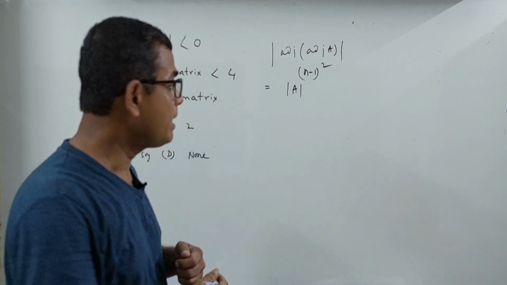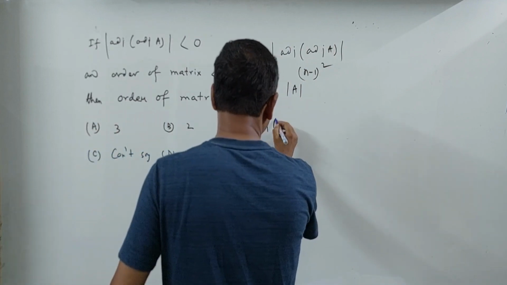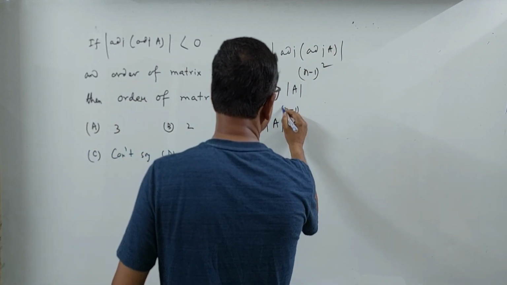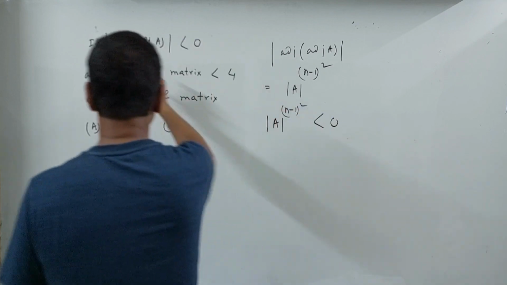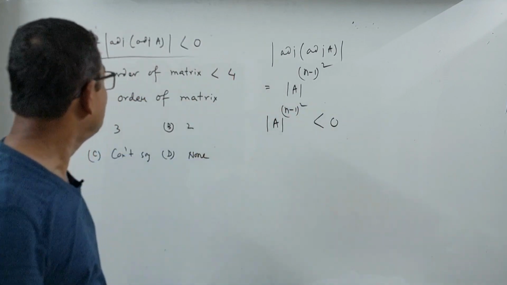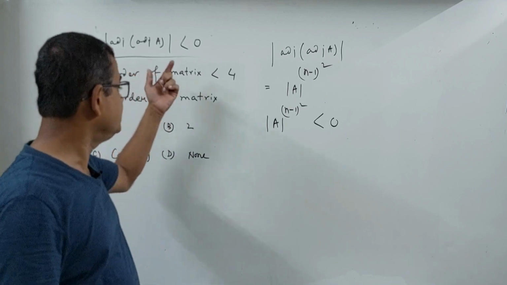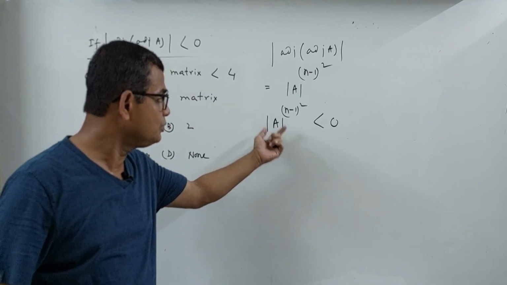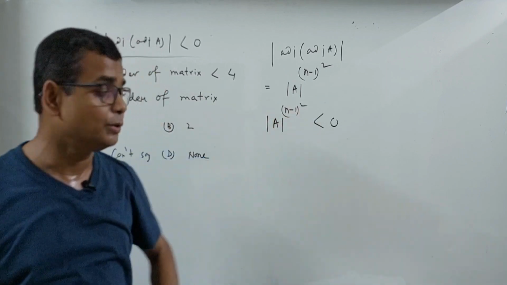We know this. And it is said here that mod of adjugate A is less than 0. So determinant A to the power (n minus 1) whole square is less than 0.